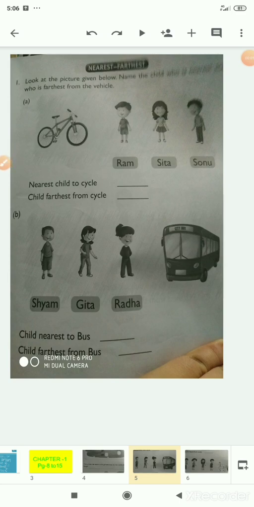If we look here, Radha is standing nearby the bus and Shyam is standing far away at last, so he is farthest from the bus.